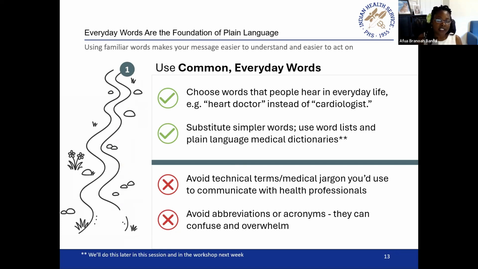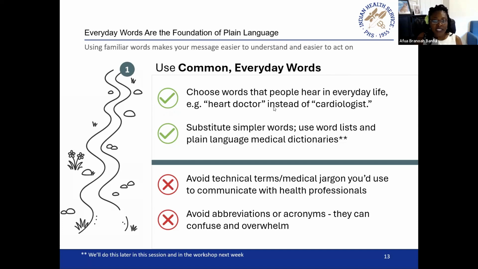Looking at the elements, the foundation of plain language is everyday words. We're talking about the power of familiarity. It makes your message easier to understand and easier to act on. So choose, in your speech or in your writing, words that people are more likely to hear in everyday life. Heart doctor instead of cardiologist.